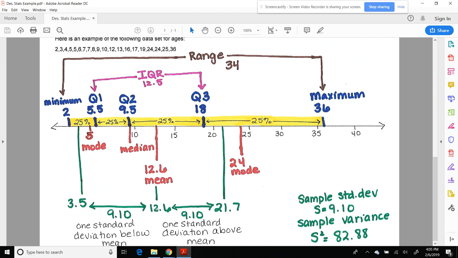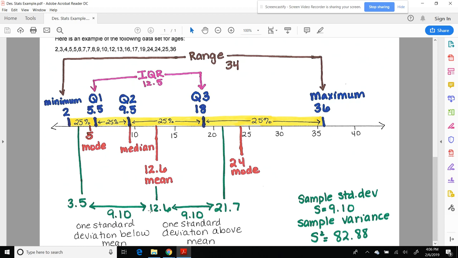So let's look here. My mean was 12.6, and if I subtract the standard deviation of 9.10 from 12.6, I get 3.5. So one standard deviation below the mean goes from 3.5 to 12.6.